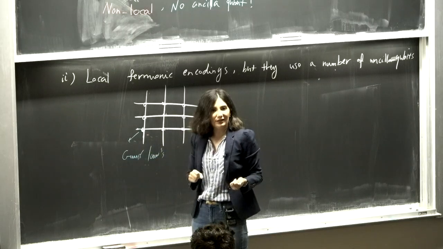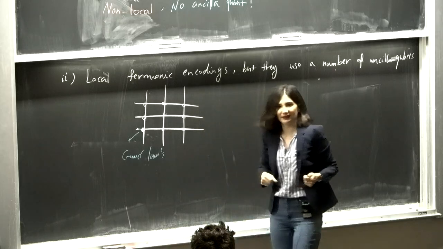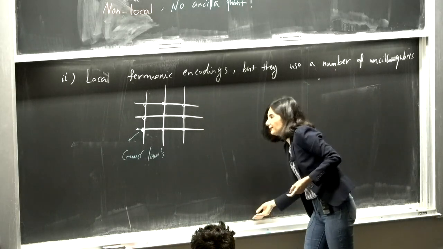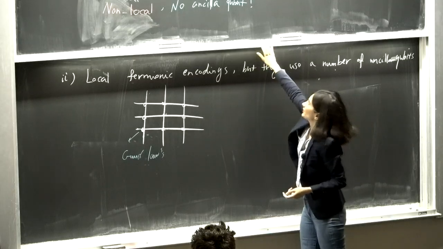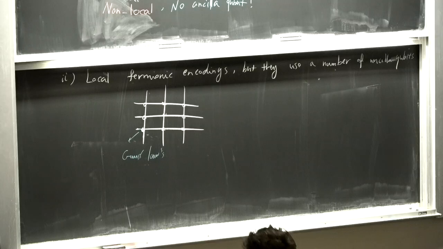If you make any errors in the simulation, then you lose that Fermi statistics. Okay? So I'm not going to tell you more about this, but if you have questions about that, ask me later. So let's go to the other side and talk about bosonic encodings. Any questions?